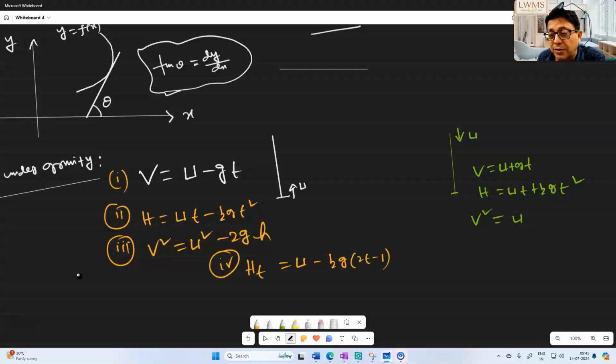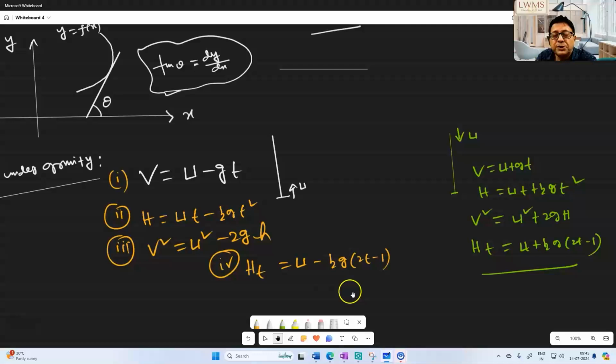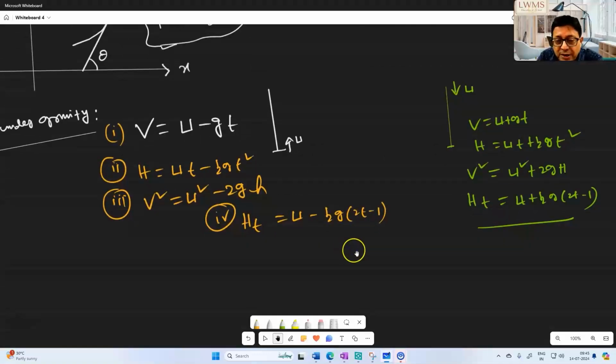Here acceleration is always positive, that is g. v square equals u square plus 2gh, and the distance travelled in the tth second will be u plus half g into 2t minus 1. This time plus g.